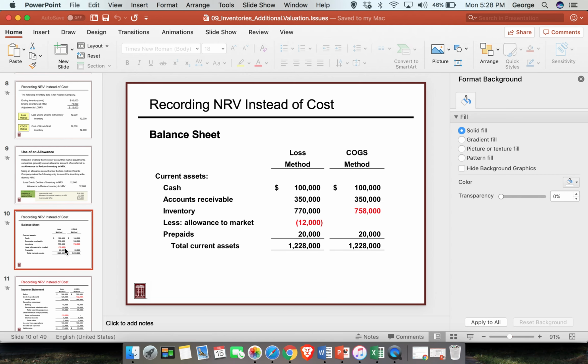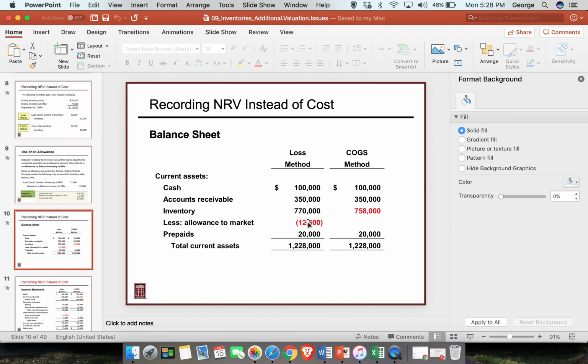So if I use the loss method, I would show this 12,000 as a contra inventory account on the balance sheet. If I just float it through cost of goods sold, I would have an increase in cost of goods sold of 12,000. So either approach is okay.